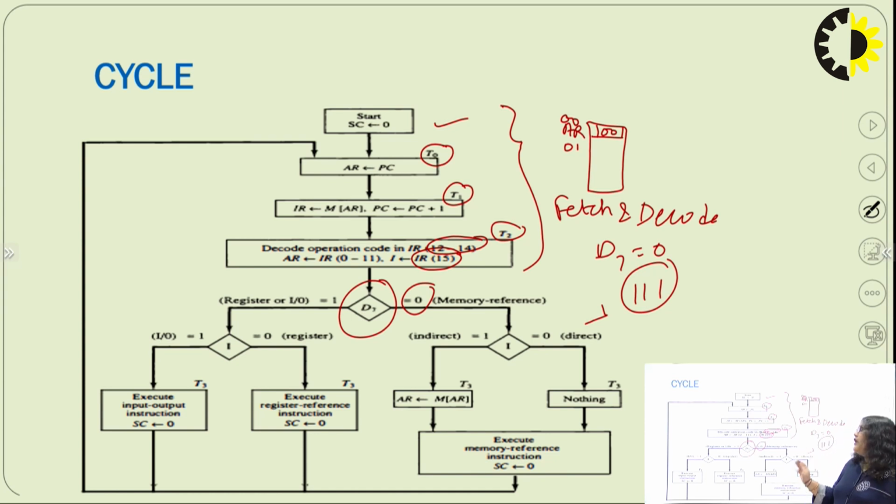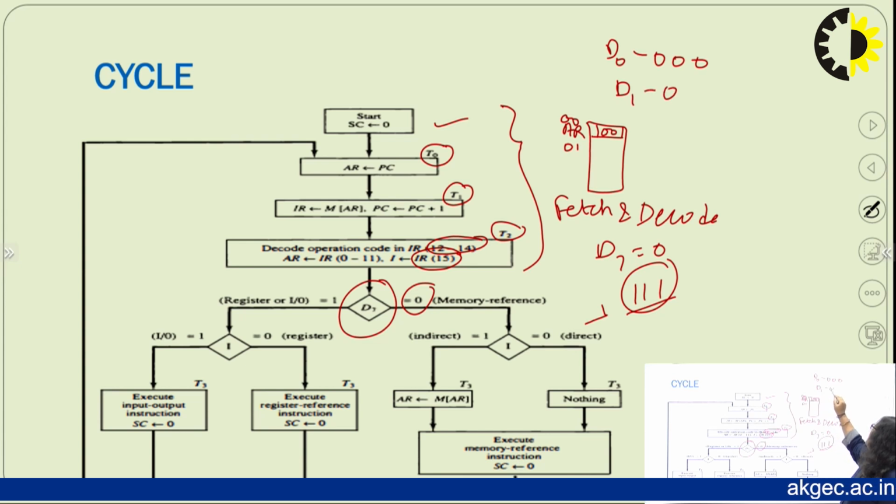So when D7 is 0, the binary of D7 is 111, and D0 binary is 0, 0, 0, D1 is 0, 0, 1, D2 is 0, 1, 0, and the same way D7 is 1, 1, 1.